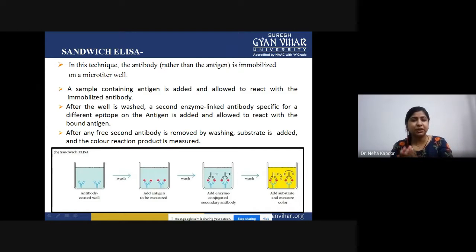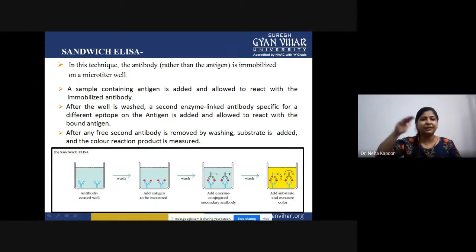Our next important point is sandwich ELISA. Now you must be wondering why it is known as sandwich ELISA. We call it that because in this technique antigen is not immobilized onto the microtiter well. However, an antibody is immobilized, or layered, onto the microtiter well.